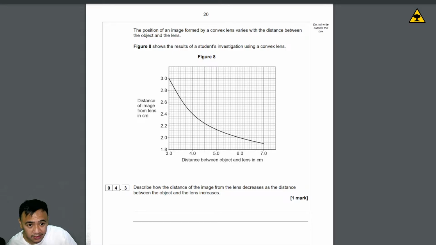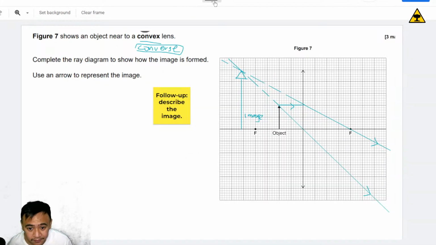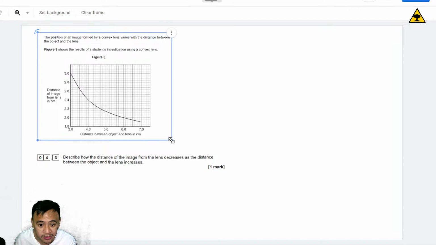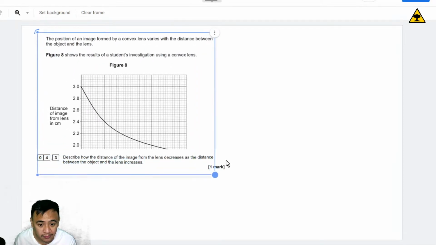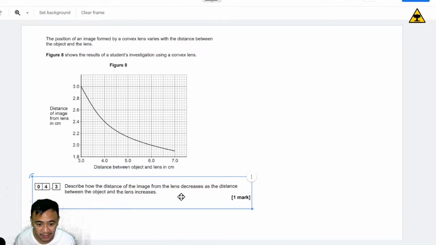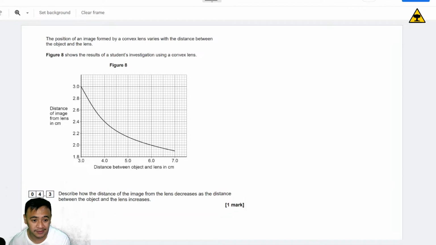So describe how the distance of the image from the lens decreases as the distance between the object and lens increases. In this case, it's not linear.